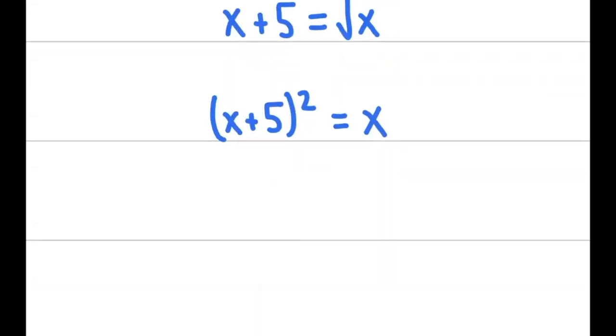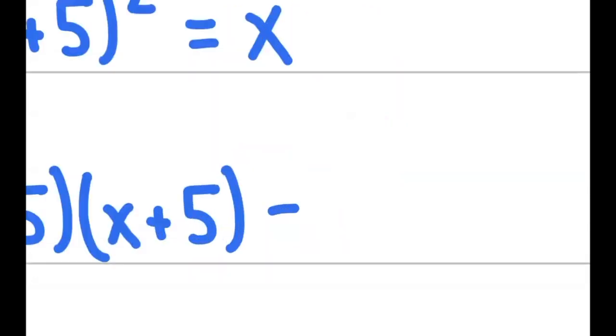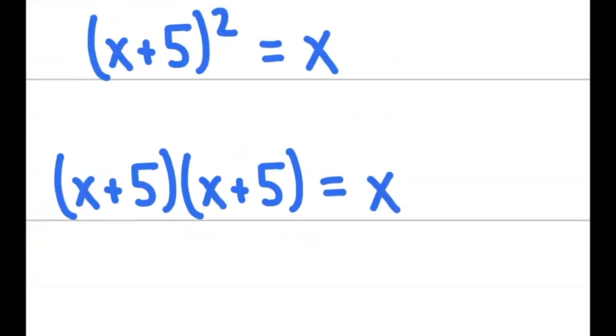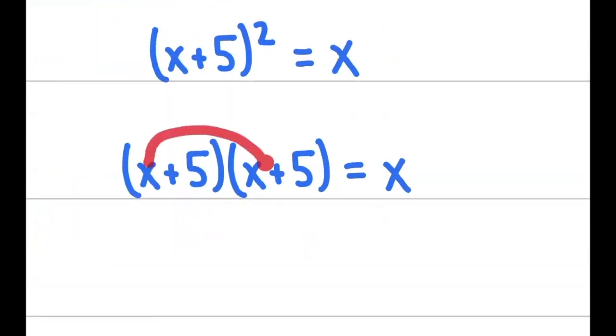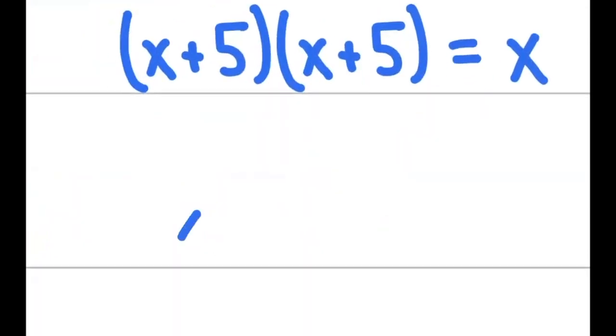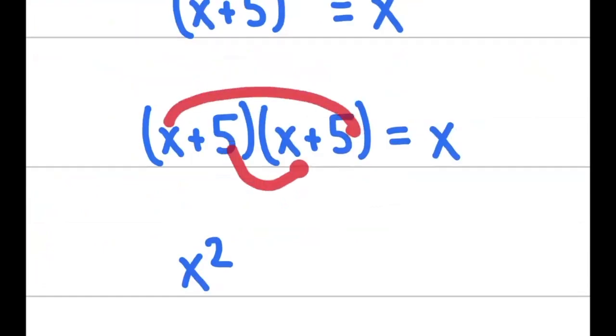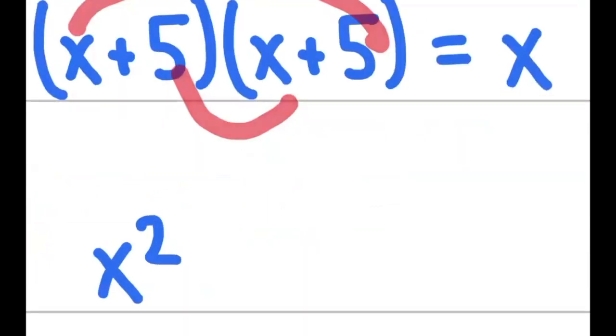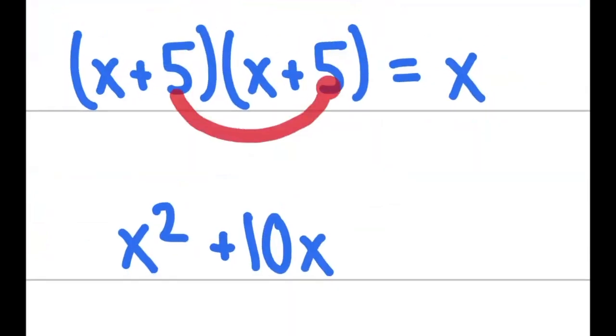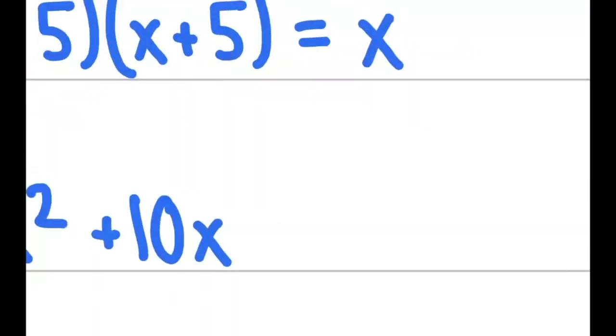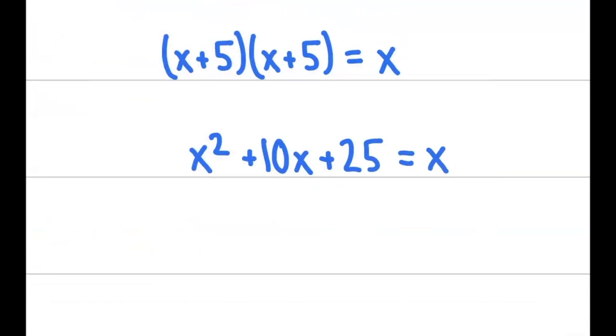This equals x plus 5 times x plus 5. If you do first, outer, inner, last, first is x squared. The outer and the inner is 5x plus 5x, so that's 10x. And 5 times 5 is last, that's 25. And we have a quadratic equation.